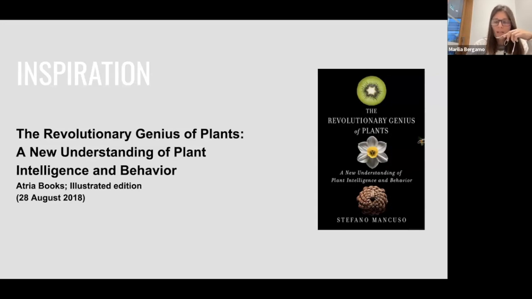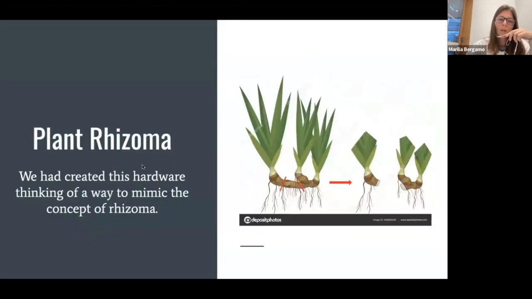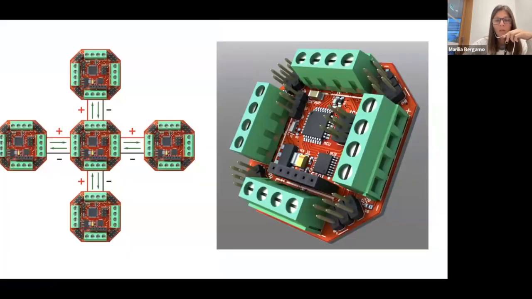So thinking about this idea and reading this research, we decided to focus on the idea of a plant rhizome, where we created this hardware thinking in a way of mimicking this concept of rhizome, like you took a part of a structure and another one is created and keeps growing and having new individuals. As a result, we created this hardware, which is the main focus of the research right now.